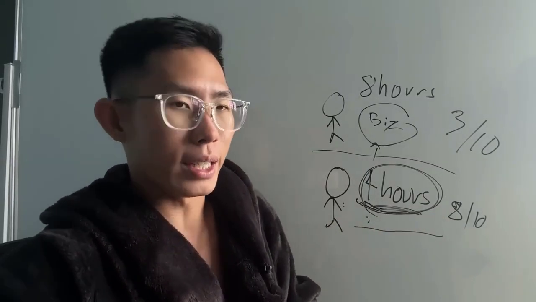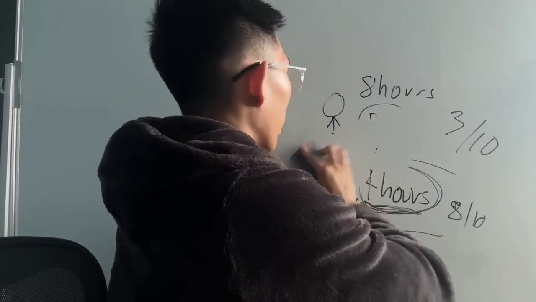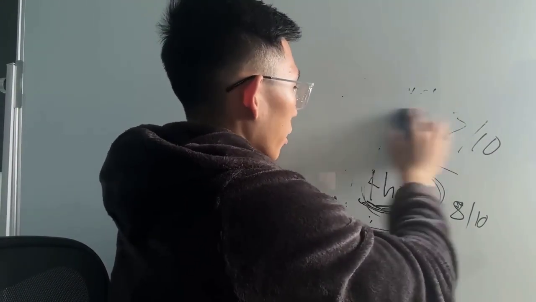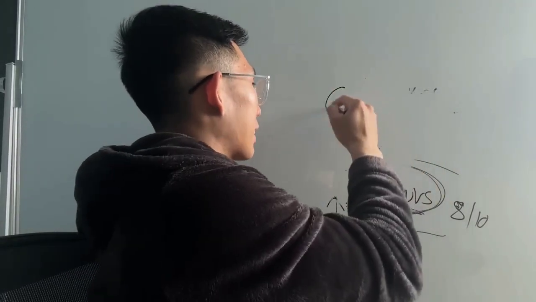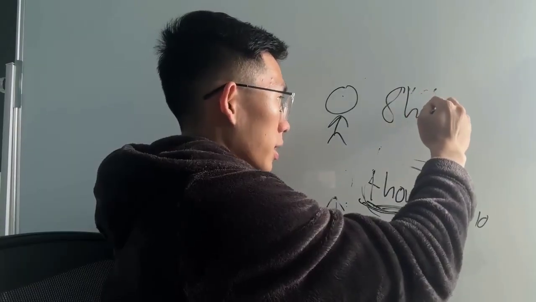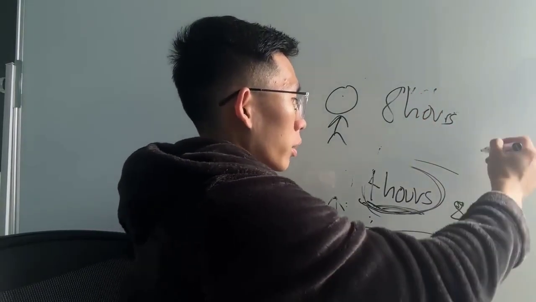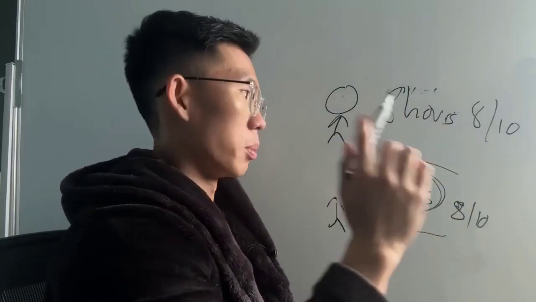So that is what I mean when I say that focus is a multiplier. Let's say, instead of guy A, we switch to guy C. Guy C works for 8 hours on the same business, and this time round, he has an 8 out of 10 focus as well. He's able to focus solely on the business itself.